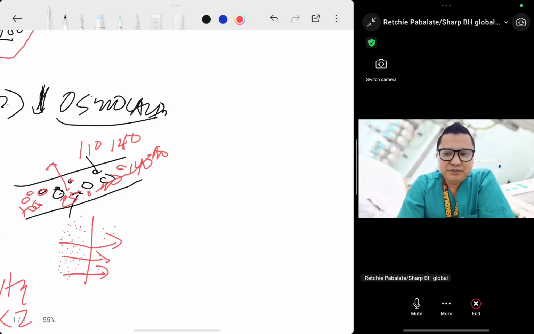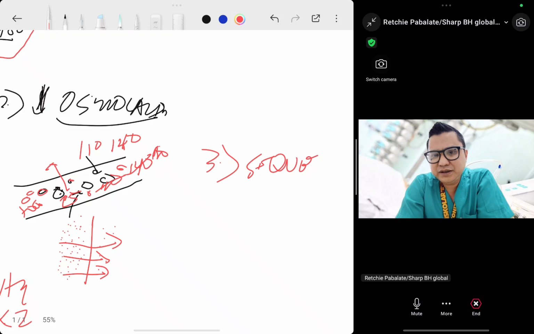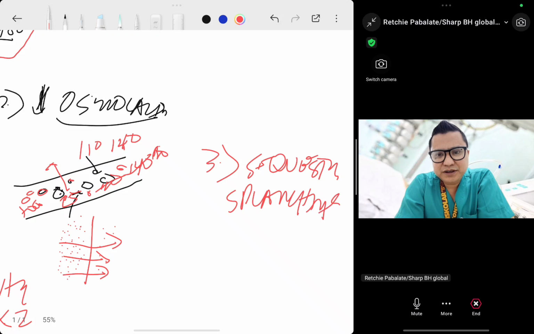Then another possible reason for intradialytic hypotension, number 3, is fluid sequestration, or splenic nerve dilation. I forgot the spelling.